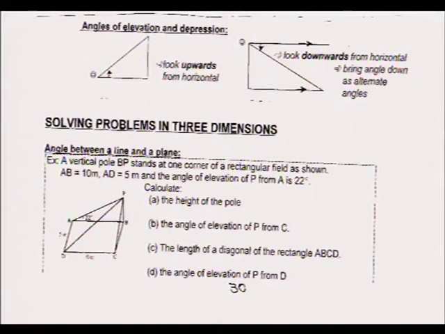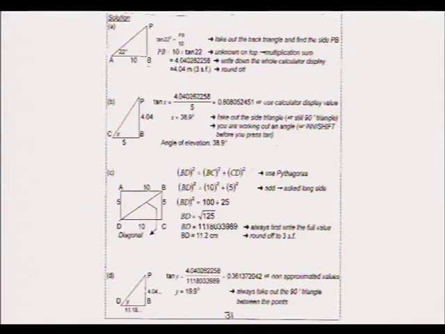When you solve problems in 3 dimensions, look carefully, you must be able to see the angle between a line and a plane. There are the solutions, how we find it. We can use sin or tan or cos. In these cases, all of them are tan.